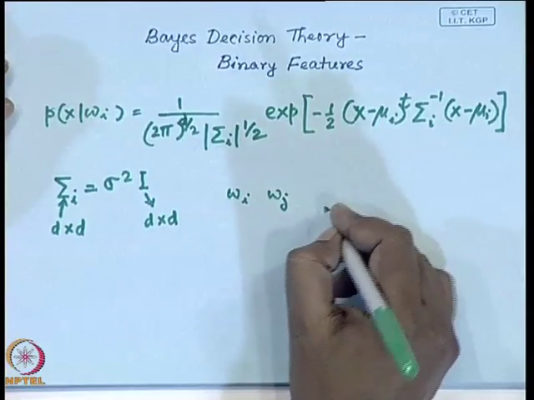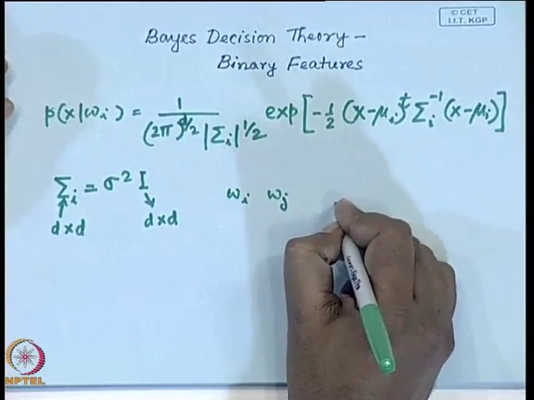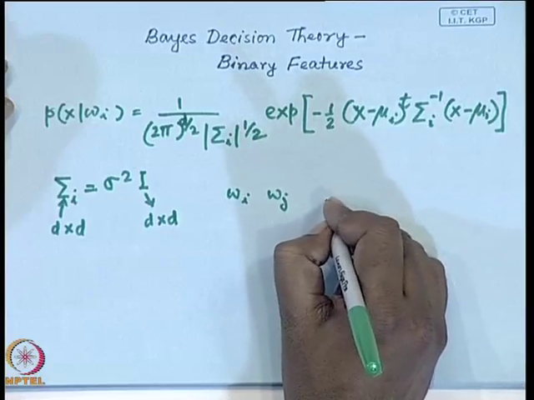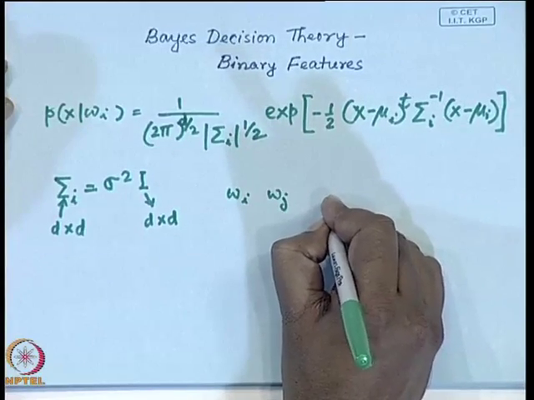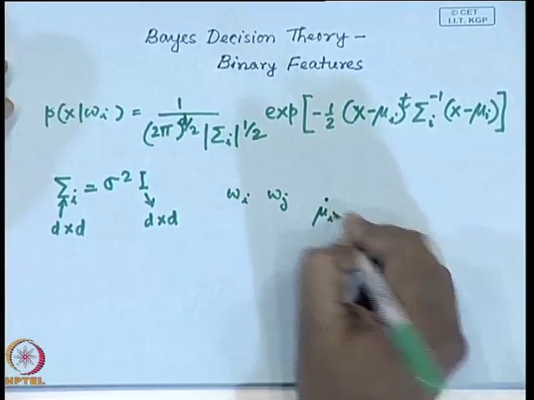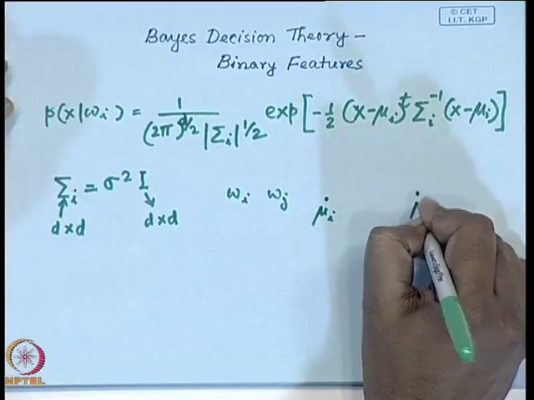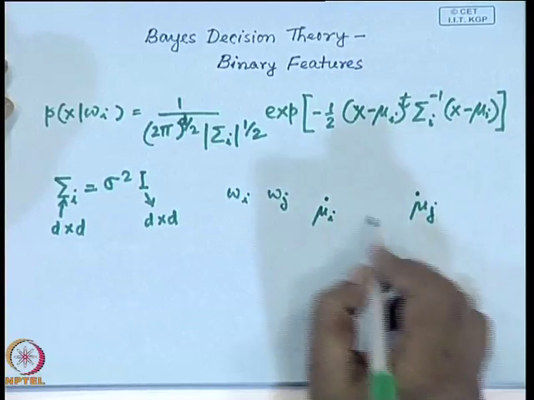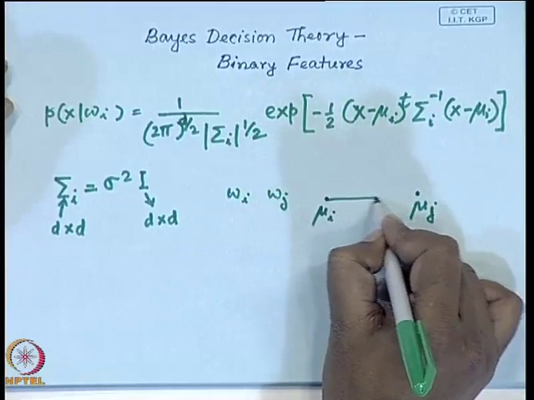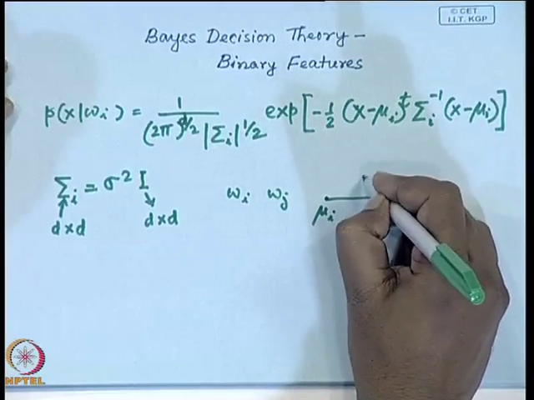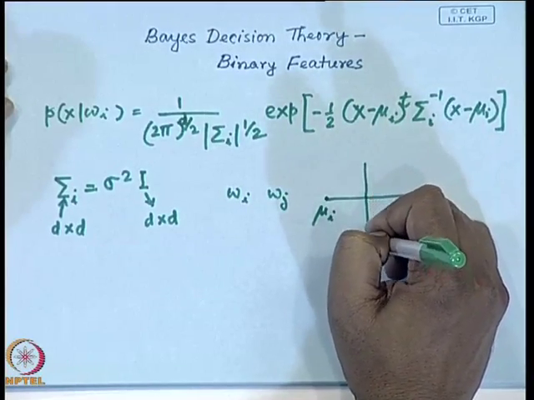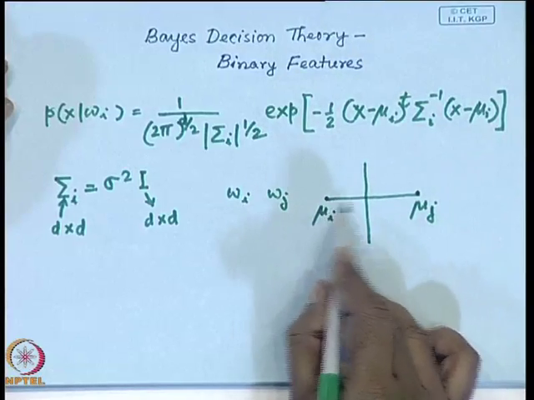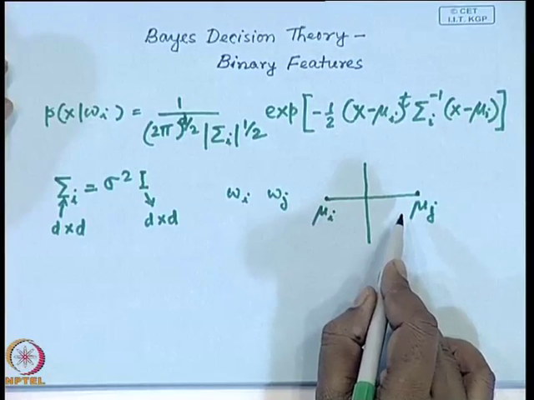So, effectively I have a situation something like this: if I have mu I somewhere over here, which is the mean of the class omega I, and mu j somewhere over here, then the decision surface is a hyperplane which is orthogonal to the line joining mu I and mu j.